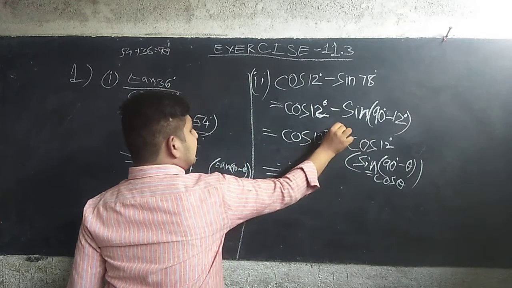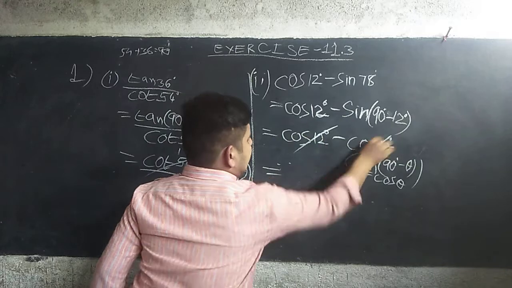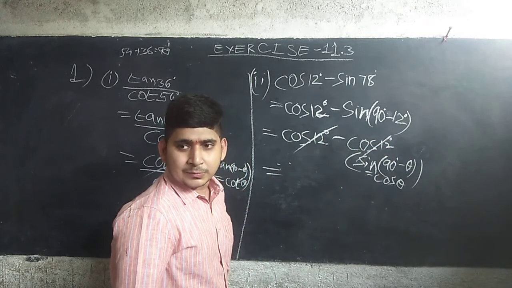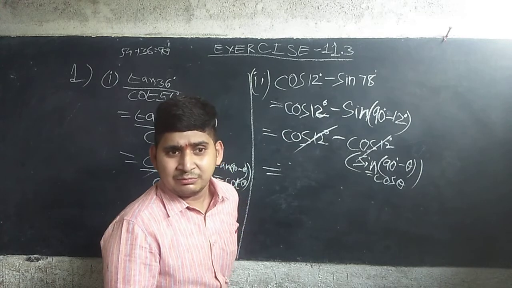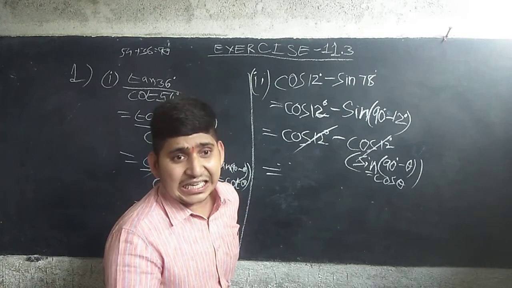Now cos 2 degrees and cos 2 degrees get cancelled. Why? Same term with the opposite sign, they can get cancelled.